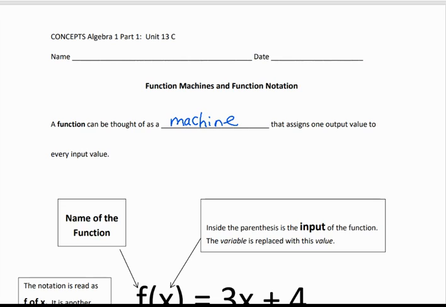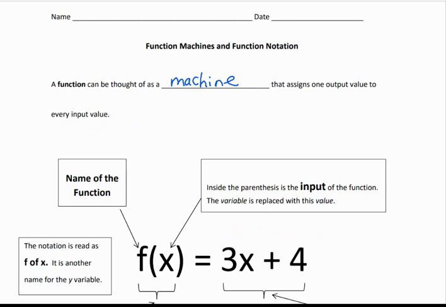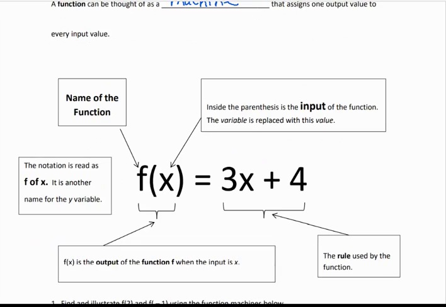I put in something, the function performs some operation, and now I get a result. So that's what we're going to do: put values in, perform some operations, and get some values out. Normally, we see equations like the following.